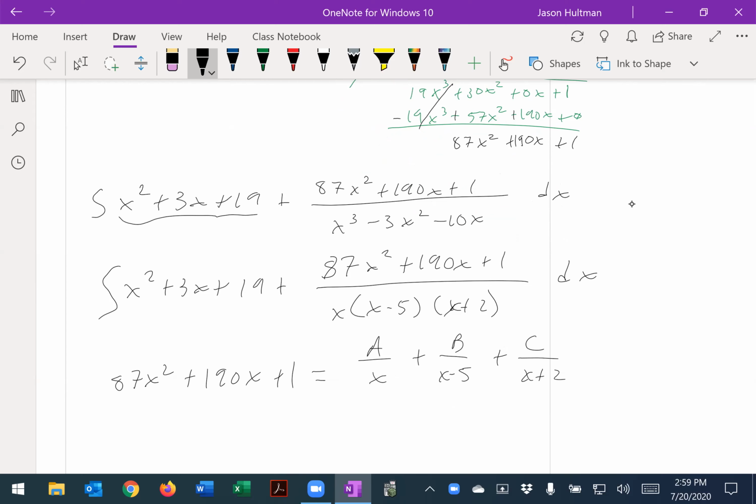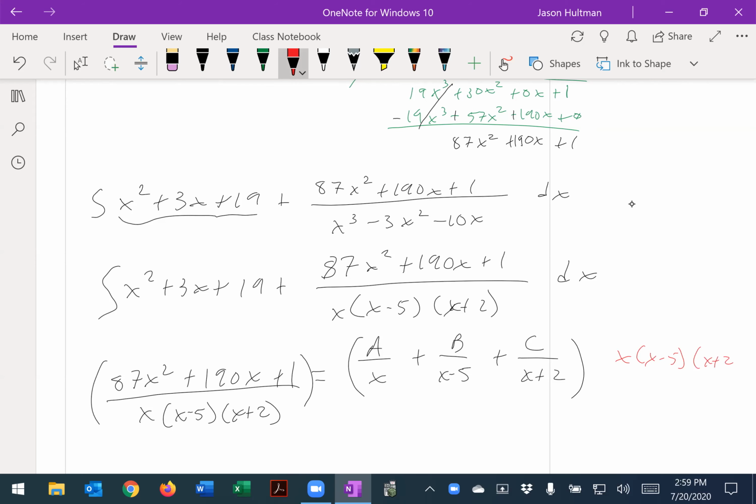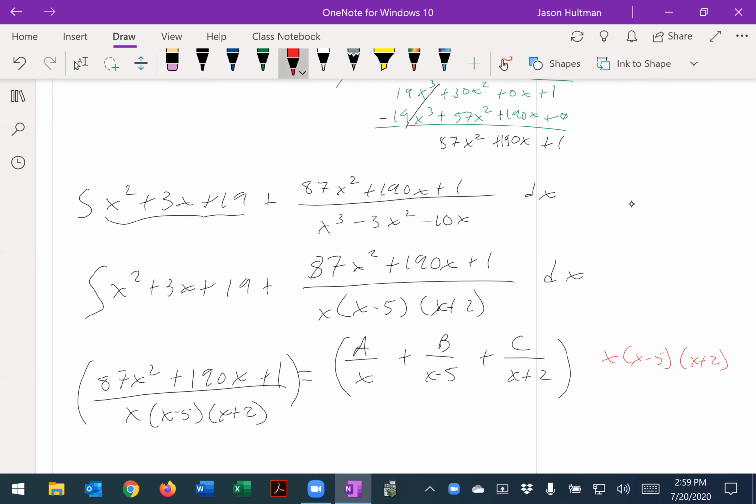Now we're going to use a Heaviside technique on this, and that's to multiply through by the denominator, x times (x minus 5) times (x plus 2). That's just going to cancel the denominator there.